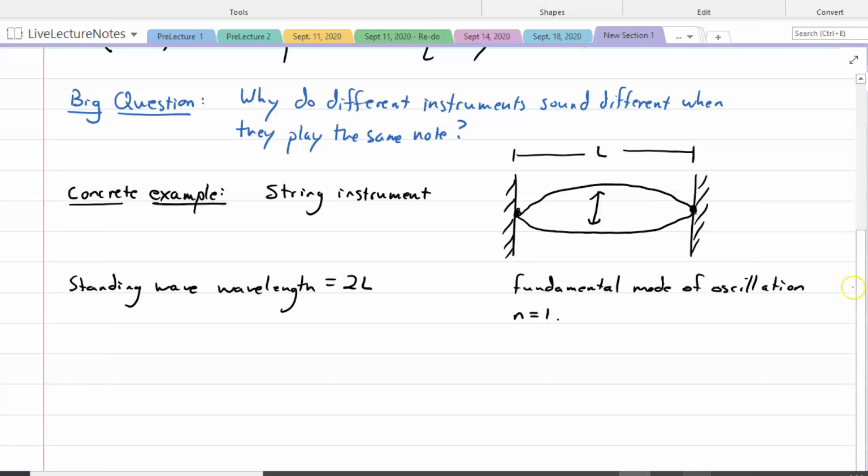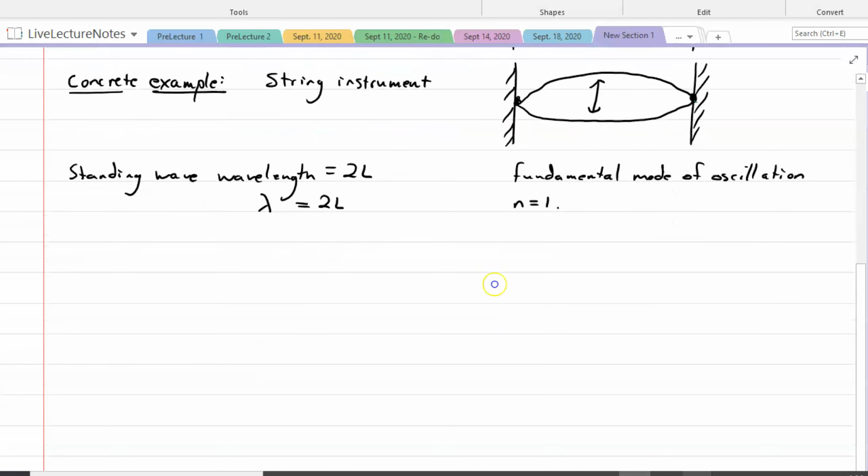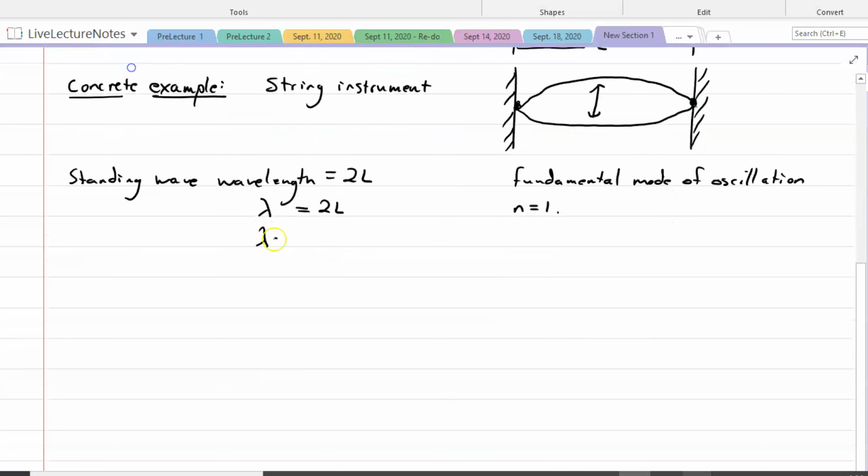Well, we know the wavelength. Lambda is 2L. And hopefully you remember from previous classes that the wavelength times the frequency is equal to the speed of the wave. And the speed is fixed by the properties of the string.